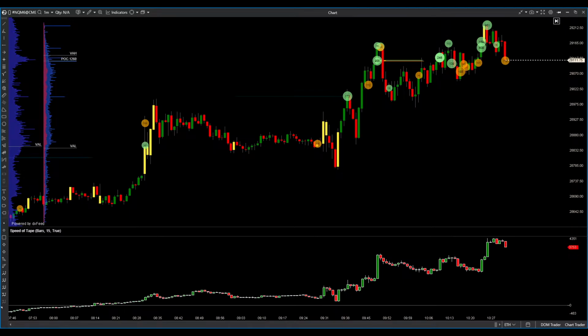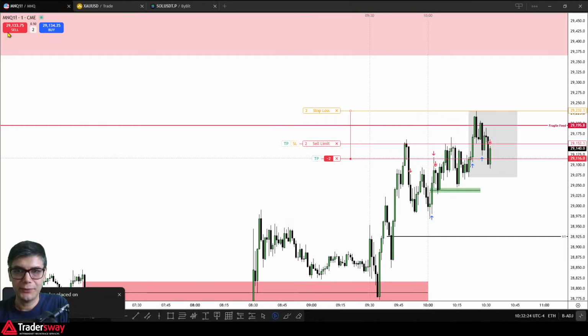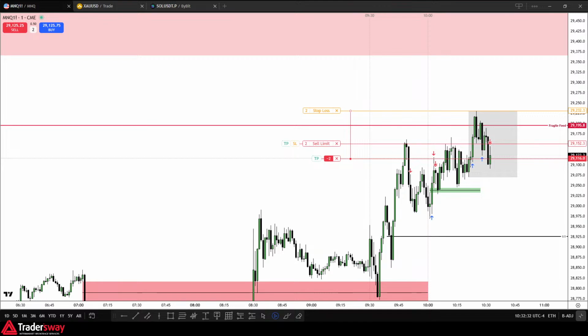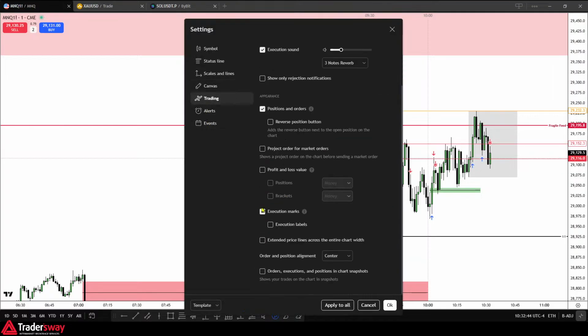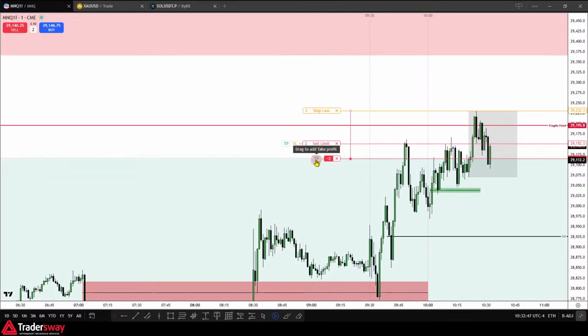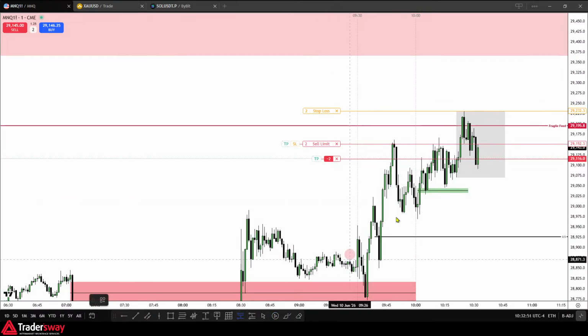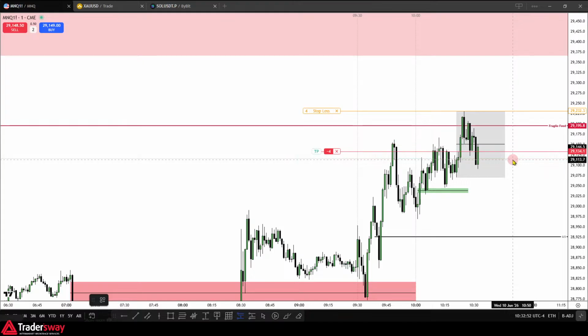I closed that position. Let's look at the new trade. I will flip it again. I guess it's a flipping day. Let's remove these arrows from the screen for now. So here we go.